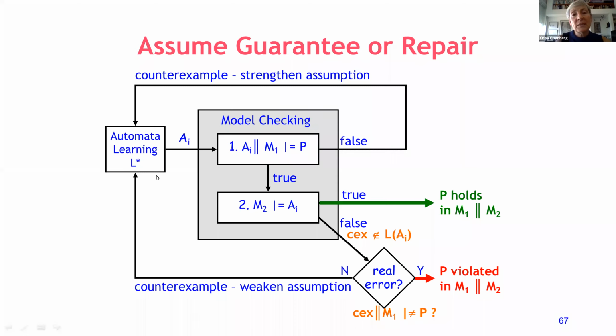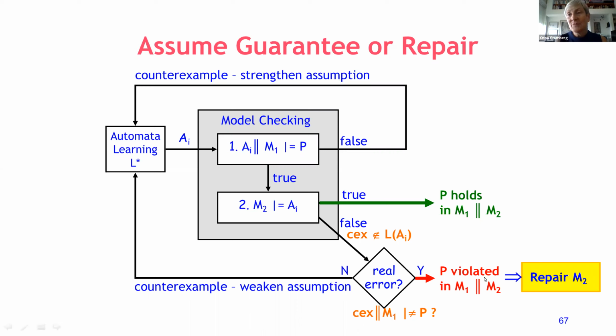Altogether, this framework can result in one of two results. Either P holds in M1 composed with M2, or P does not hold in M1 composed with M2. And in the second case, we also get a counterexample, in which case we want to suggest a repair to M2. Orna, can I interrupt?